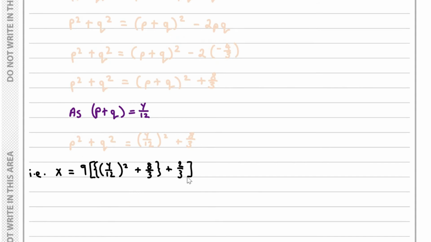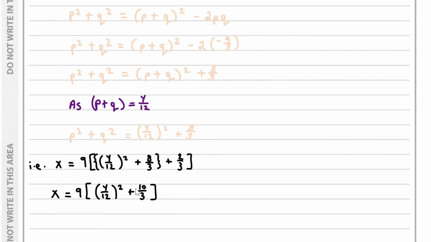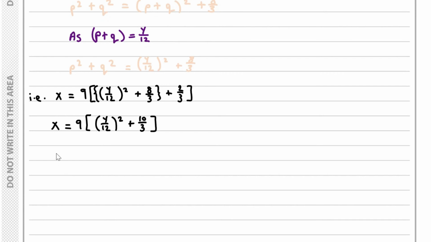So, how does this help us? Well, what we've got then is x equaling 9 lots of (y/12)², and then we've got 8/3 + 2/3, so that's 10/3. And now if we multiply the 9 into the bracket, we have x equals 9y²/144, and then 9 times 10/3, which is just 30.